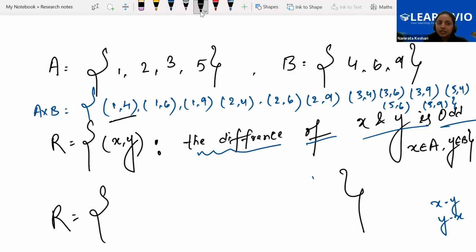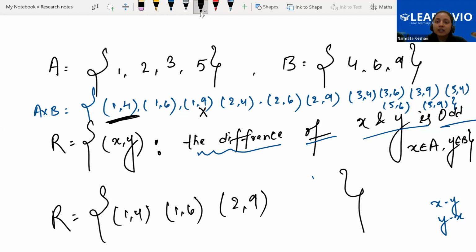Let's start from the first one. 4 minus 1. Is it an odd number? Yes, we can take that. 1, 1, 6. 1, 9. Can we take that? No, we will not take that. 2, 4. Can we take that? No. 2, 6. Can we take that? No. 2, 9. Can we take that? Yes, we can take that. 3, 4.